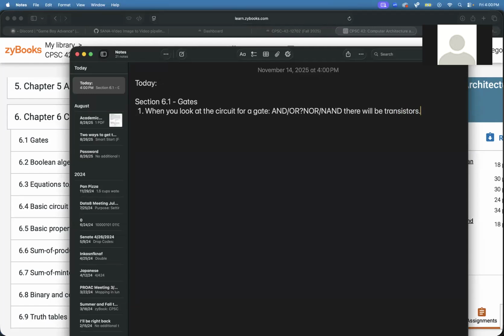Okay. And some of those transistors, and it'll make more sense when we see the diagram, have a circle, a little O on it. And we know from when we learned about the circuit diagrams that the O means not.